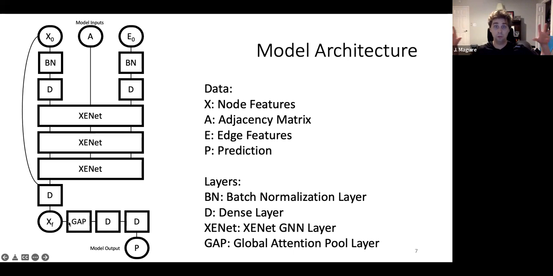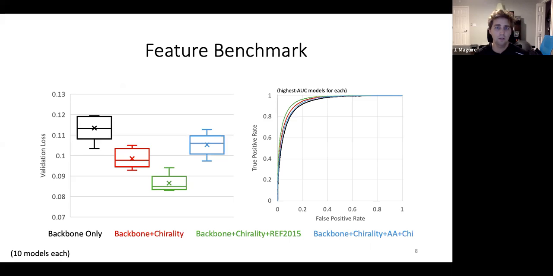Essentially every node in the graph gets summed together with an attention operation, so it condenses down into just one tensor, one big node. That goes through a few dense layers, and out comes your prediction. This is maybe in the weeds for some people, but if you're new to GNNs, I always like talking about this kind of stuff. Okay, so that's all the setup.